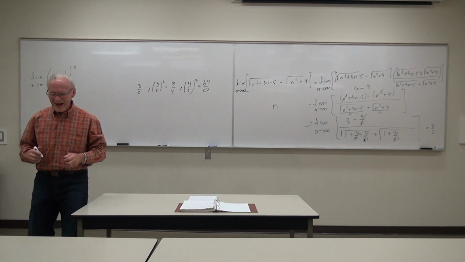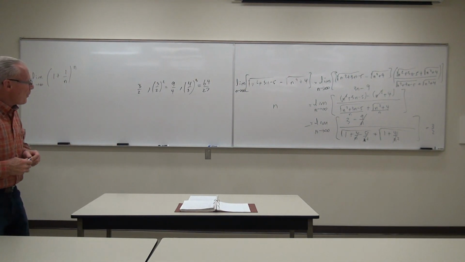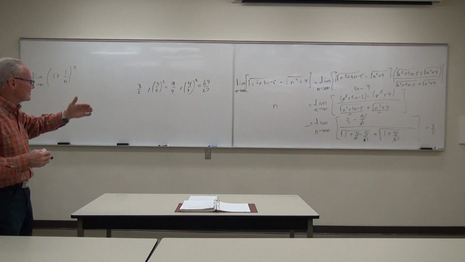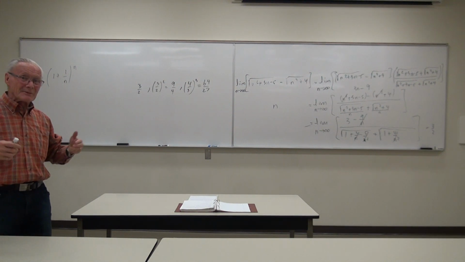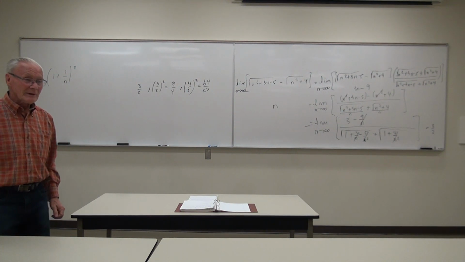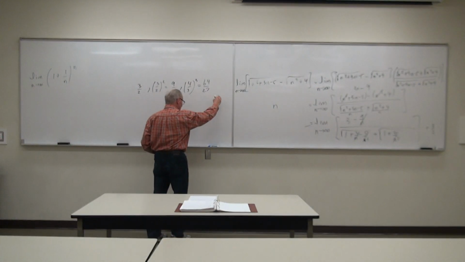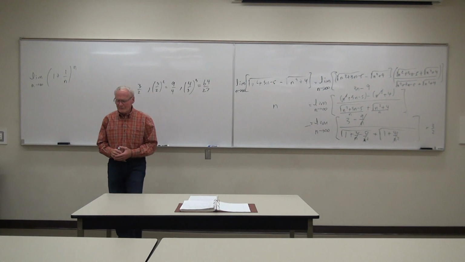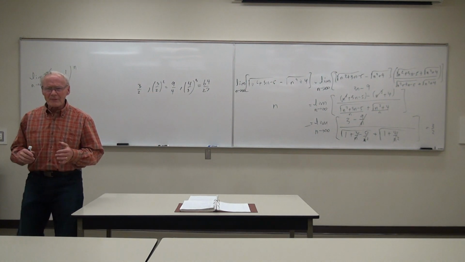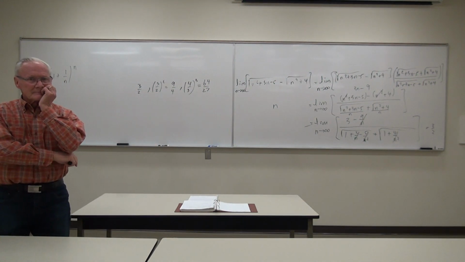Now, if you saw that, what would make you think that these terms are approaching 1 when they seem to be getting bigger? Now, it is possible that after a while, they stop getting bigger and start to get smaller, but I just don't think that's going to happen.